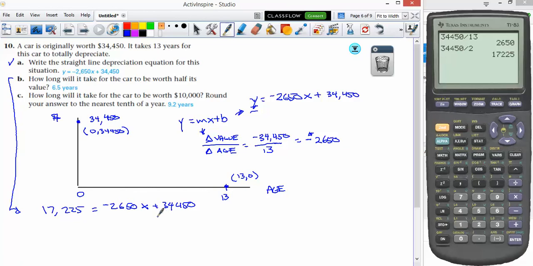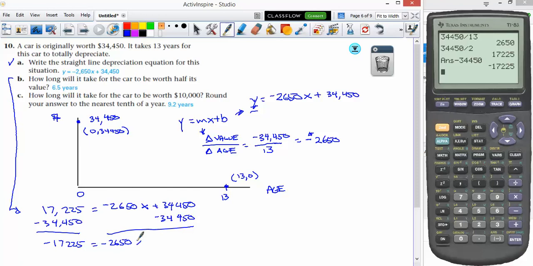So the first thing we're going to do is subtract 34,450 from both sides of the equation. So that gives me negative 17,225 equals negative 2650 times x.